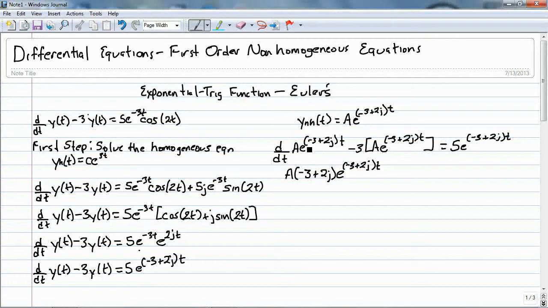So this factor, this complex number, just gets treated like any other number when you do the derivative. And minus 3A e to the negative 3 plus 2j quantity t.